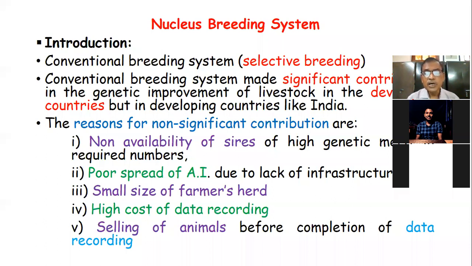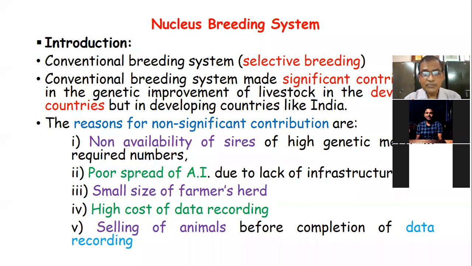Then there is the small size of farmers' herds. For any breed, say for example the Haryana cattle breed, the home tract is Haryana state, but Haryana cows are available in most states of the country, and the number of animals of that breed is very large. But farmers generally keep one animal, two, three, four animals.